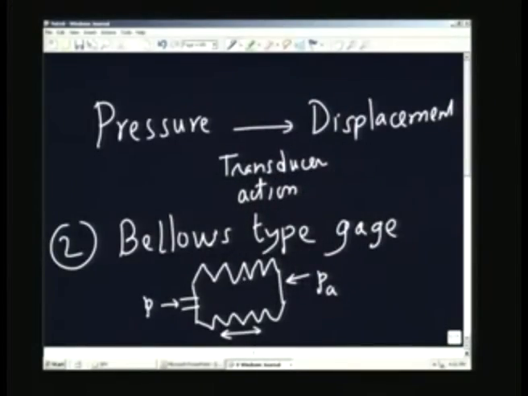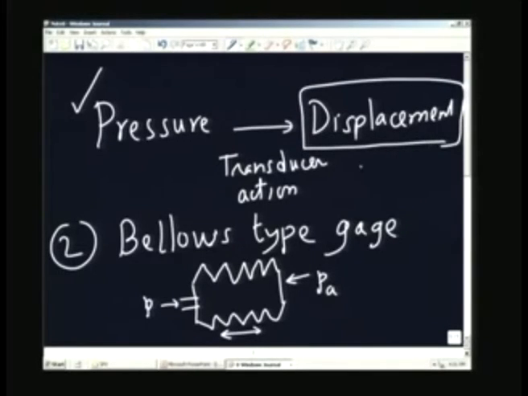So, the bellows type gauge also will undergo a displacement, and again I can say that the pressure is going to be related to a displacement, and therefore, you see that we have changed the original problem of measuring the pressure to that of measuring the displacement.